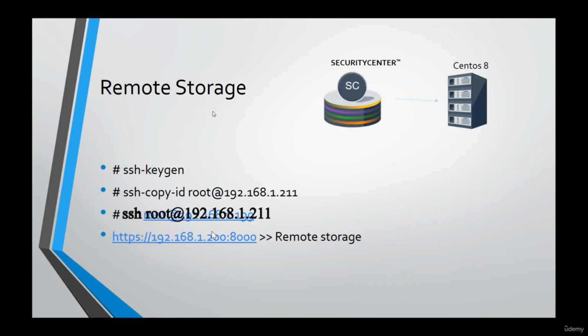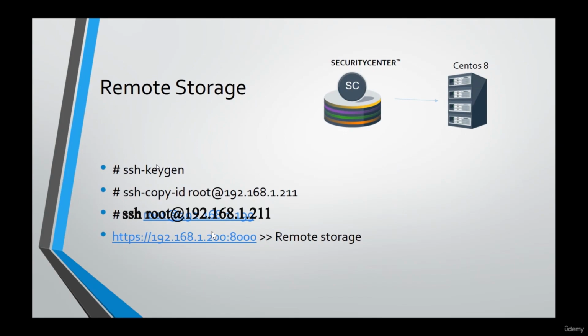You need another server only. You need to configure the security center to send the backup to a CentOS server. You can build this CentOS server in your DR, in any environment you want as a backup server.